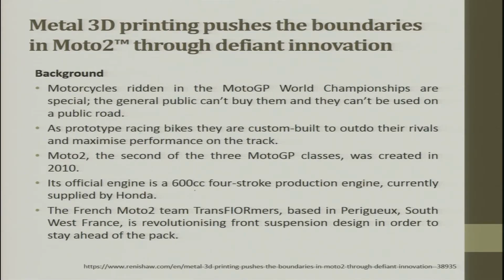Its official engine is 600 cc. In Indian conditions, earlier we used to talk of 100 cc as high power; now we have moved to 100, 125, 150, 200. But the engine used in this particular racing bike is a 600 cc 4-stroke production engine currently supplied by Honda.